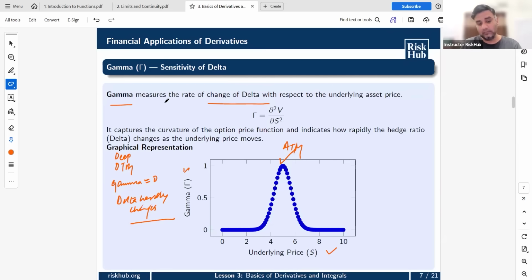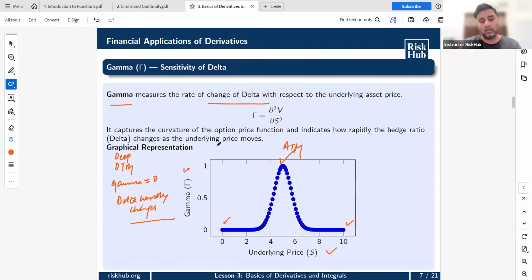And when we go deep in the money, gamma declines again, right? And delta stabilizes near one, right? So it's a peakedness which happens at the money.